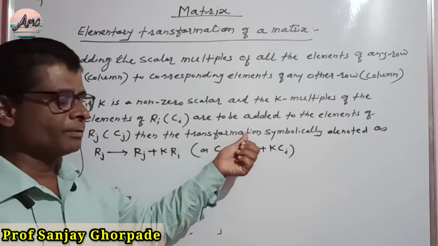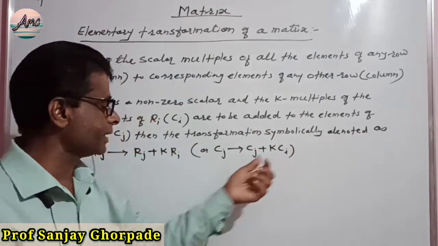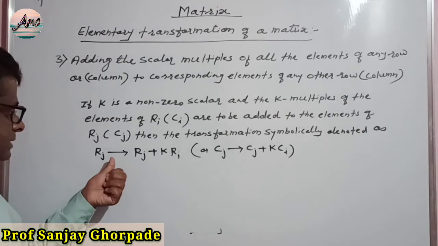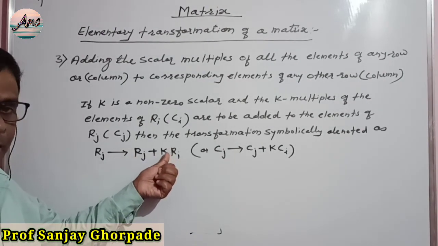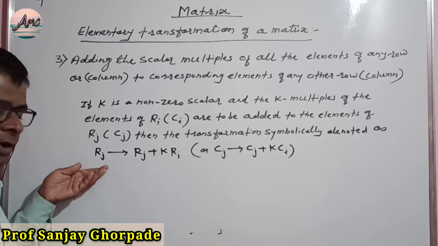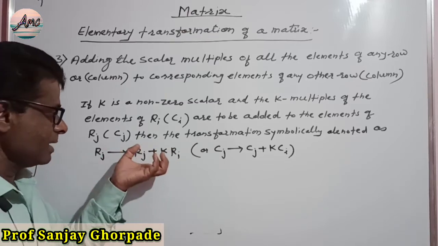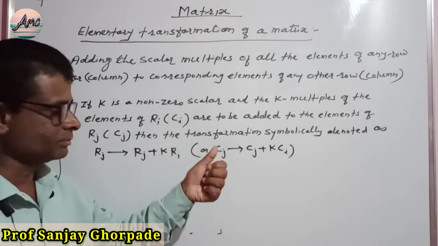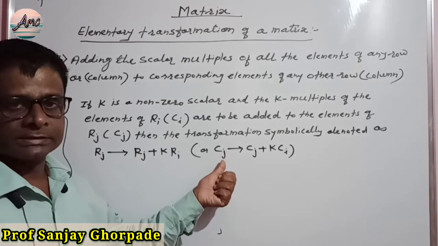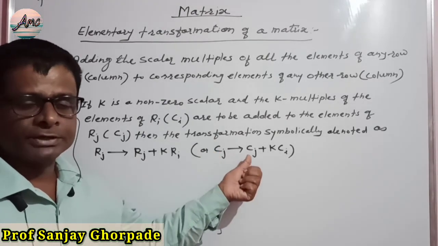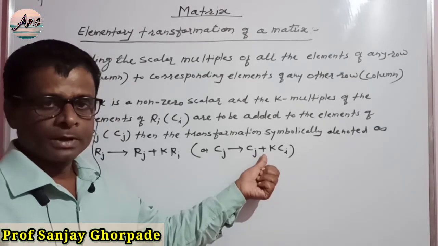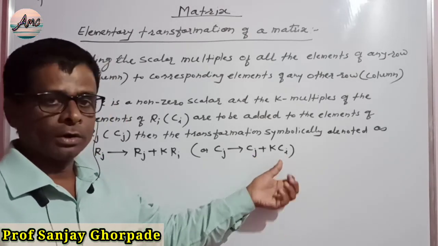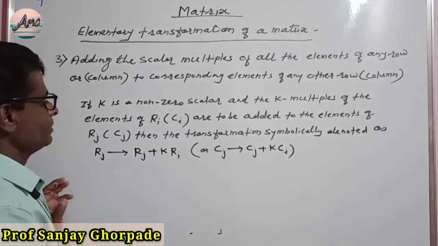Then the transformation is symbolically denoted as Rj tends to Rj plus k times Ri. This is in case of the row operation, or the same operation if you perform in columns can be written as Cj, the jth column, tends to the jth column plus k into the ith column. So what is the meaning of this?